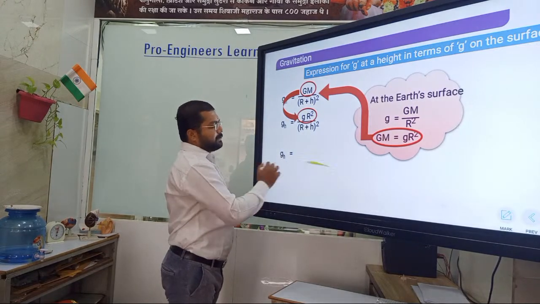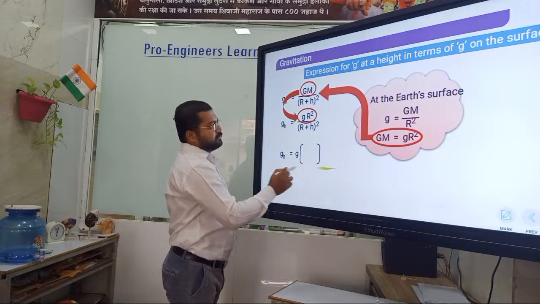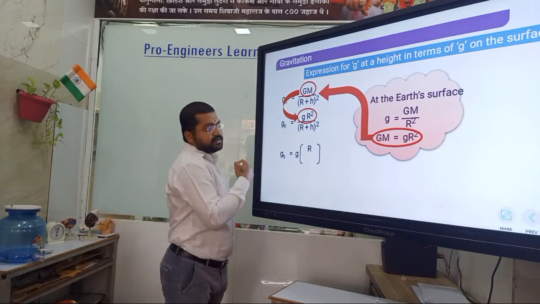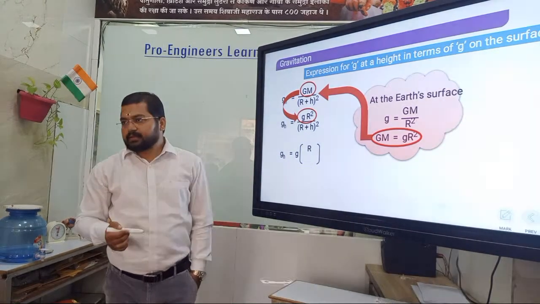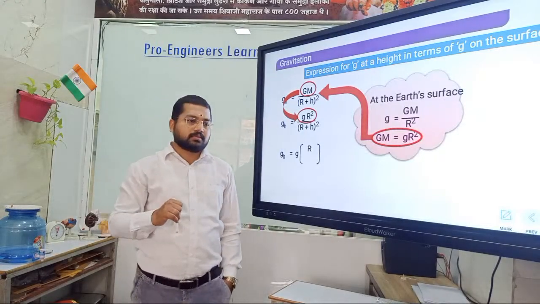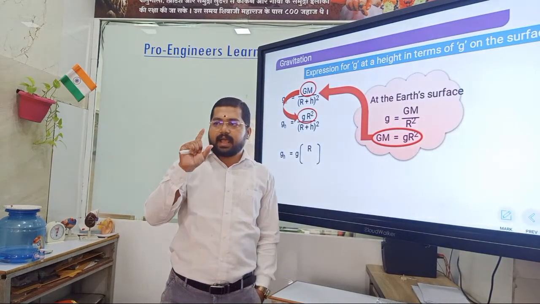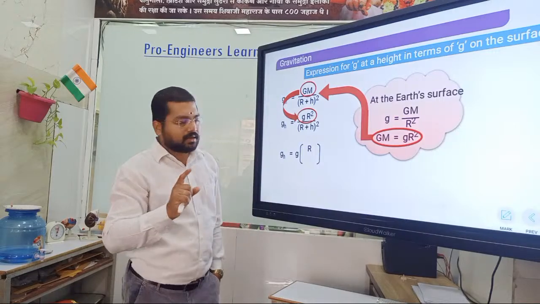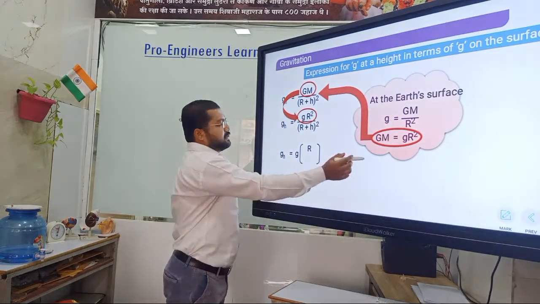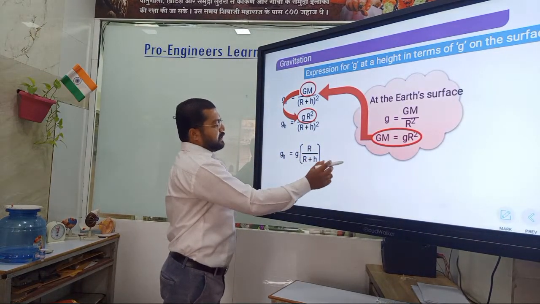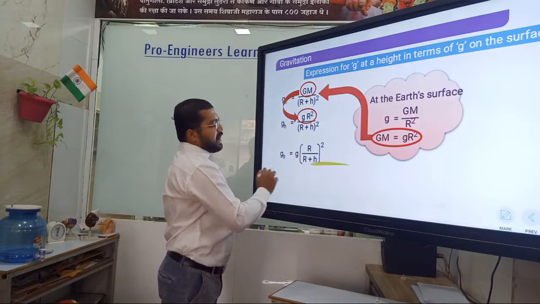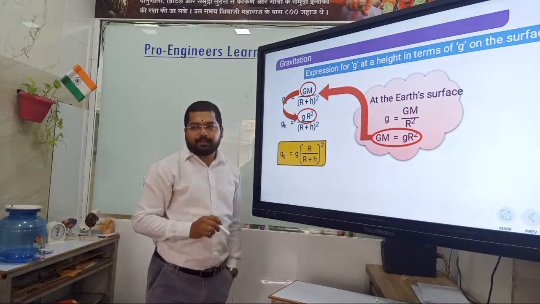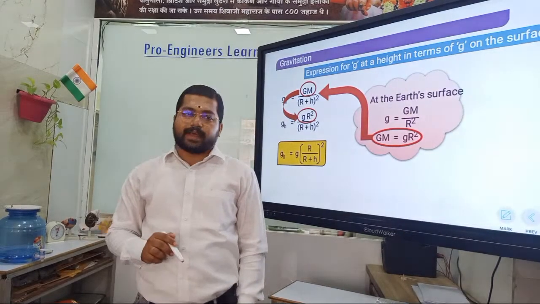So finally, if we consider g aside, then taking the two variables which have square in the numerator as well as the denominator, we can write it separately as R upon R plus h the whole square, right?